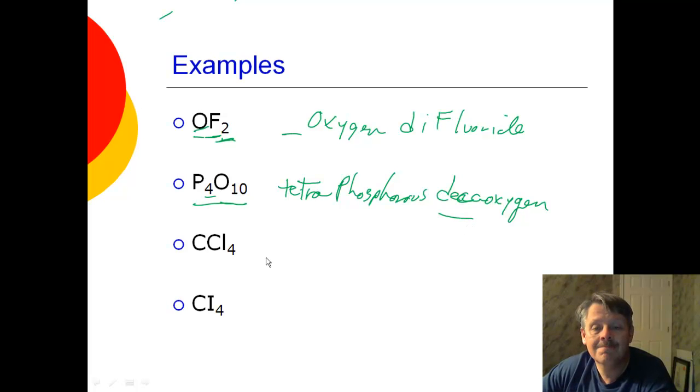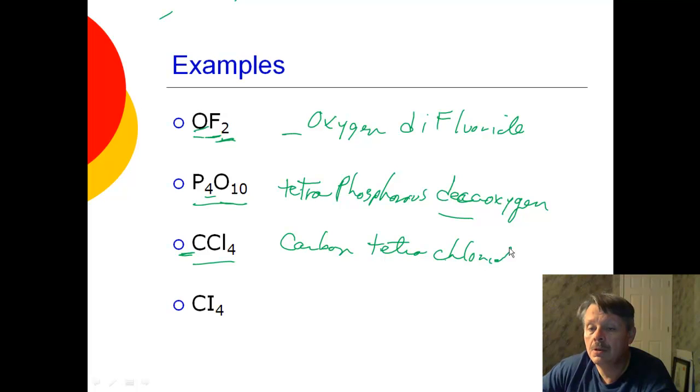Okay? How about this one? See if you can do that. All right, well, you've only got 1 carbon, so it's not going to be mono. You don't put monocarbon, you just put carbon. And the end of it is tetra. There are 4 of them, chloride. Carbon tetrachloride. How about this one? Well, that one's pretty simple.